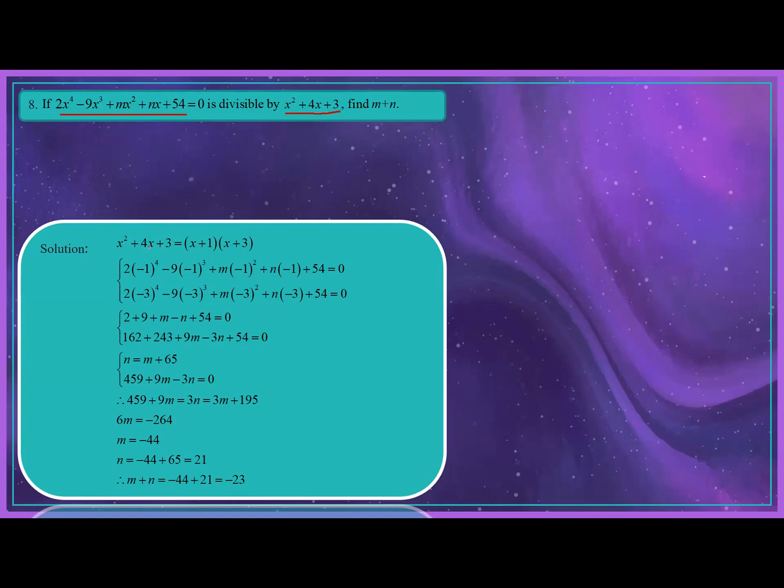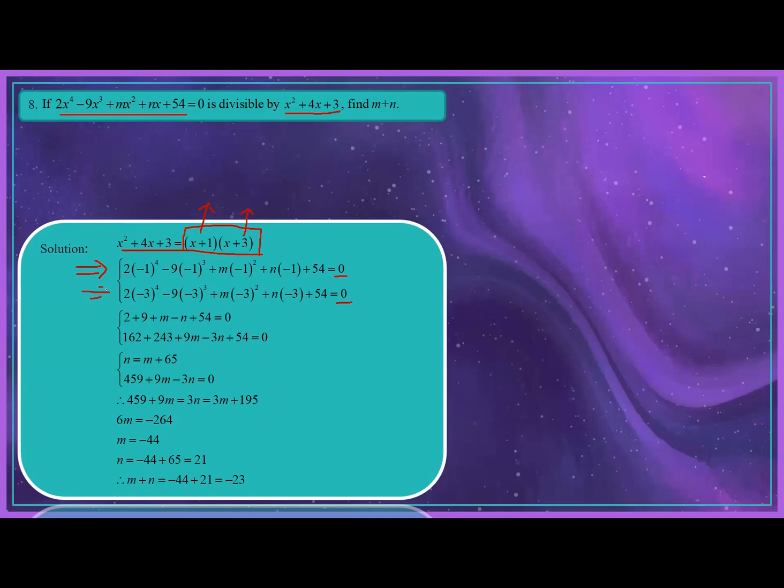From that, you factor this out. So you have these two terms as factors. Basically, by the factor theorem, if you substitute the root of these factors, you have a remainder equal to 0.